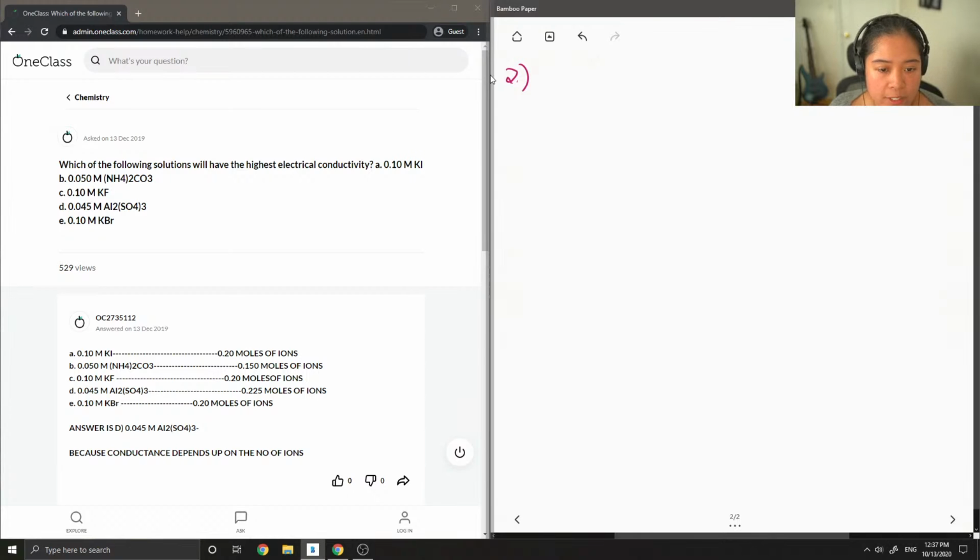So question 2 states, which of the following solutions will have the highest electrical conductivity? Let me write down the definition of what we're looking for in electrical conductivity. In this question, they give us different concentrations of different electrolyte solutions. Electrical conductivity means that it just conducts electricity.